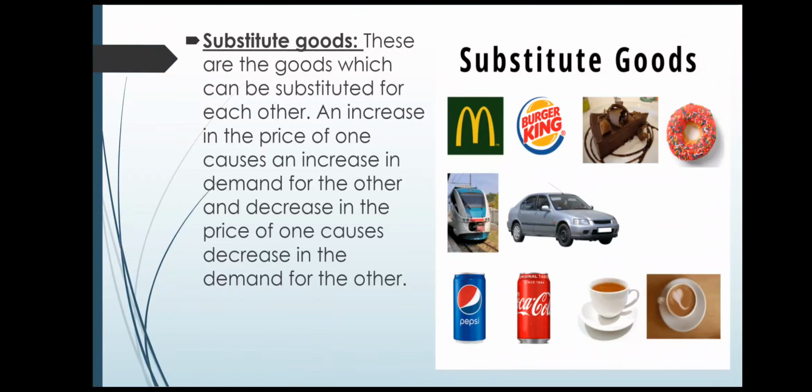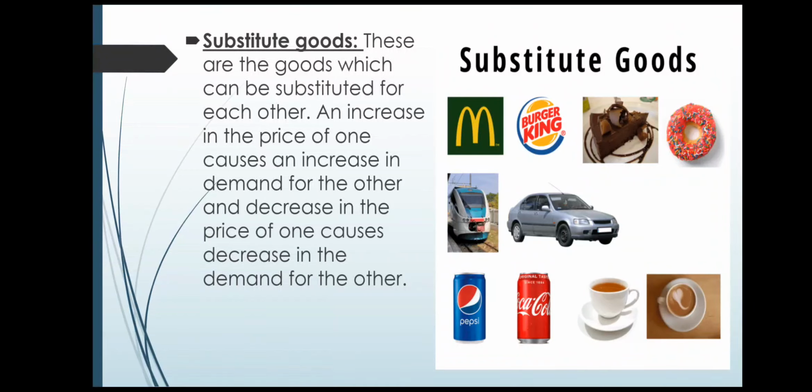For example, if you want a burger, you can purchase it either from McDonald's or Burger King, or there are various other options. If you are willing to have a very sweet dessert, a cake or donut, you can purchase it from various shops, and your craving for sweet can either be fulfilled by cake or donut.